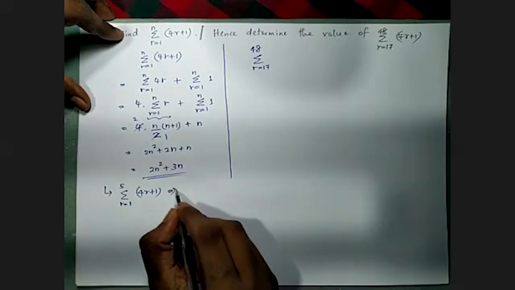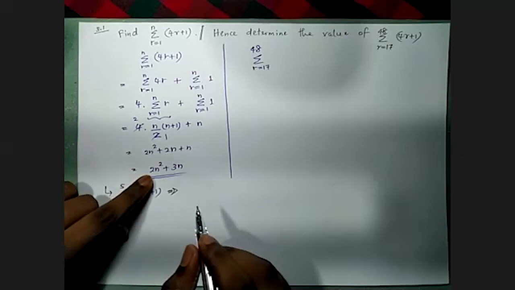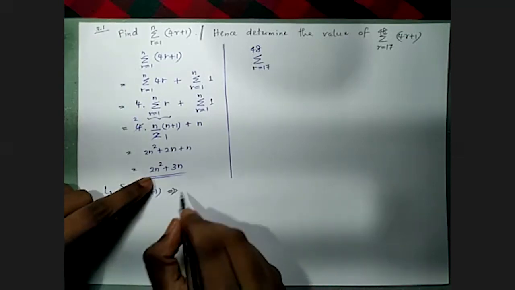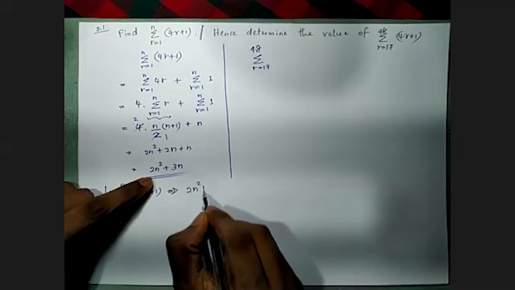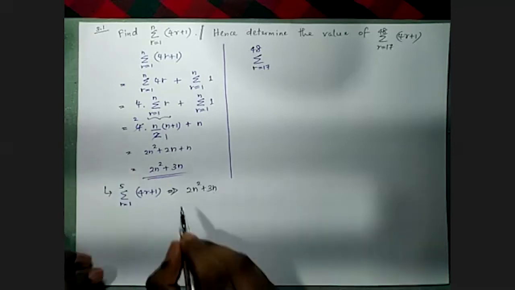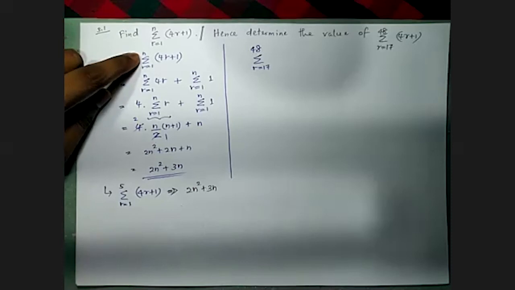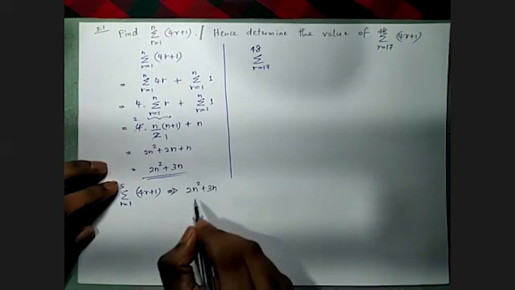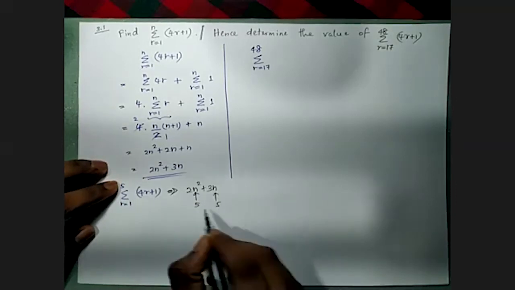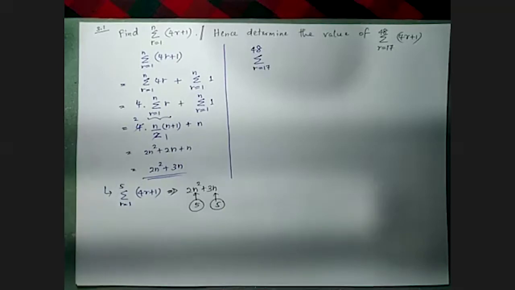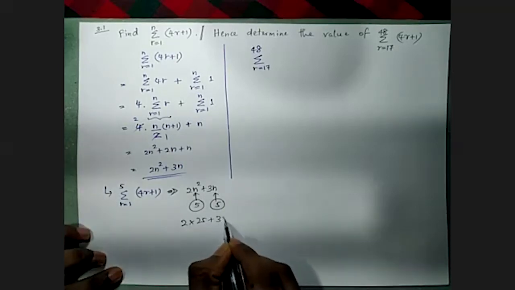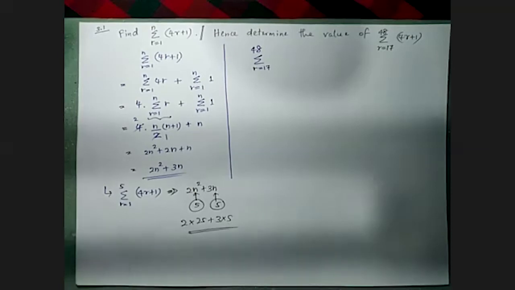We know its sum because we have already calculated it: 2n square plus 3n. But this is for the first n terms from 1 to n. Now we have 1 to 5, so I have to substitute 5 for n. That is 2 into 5 square plus 3 into 5. You can simplify and get the answer.